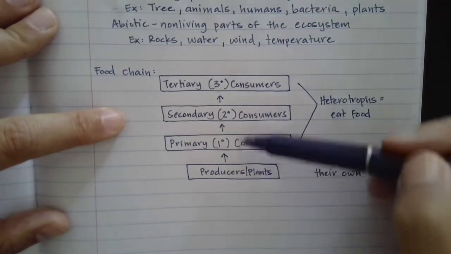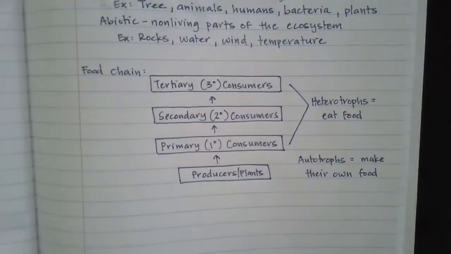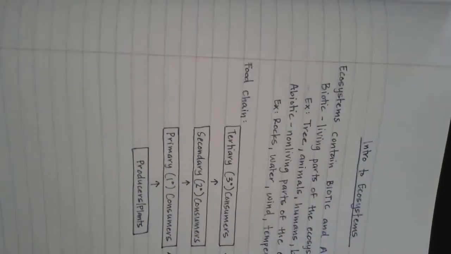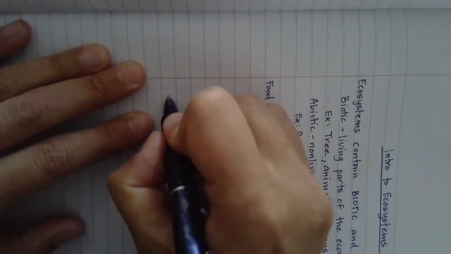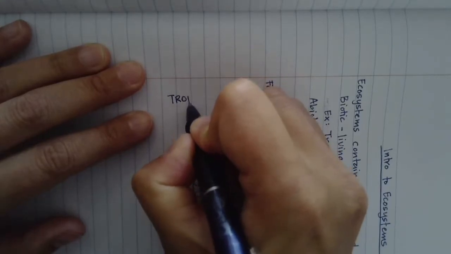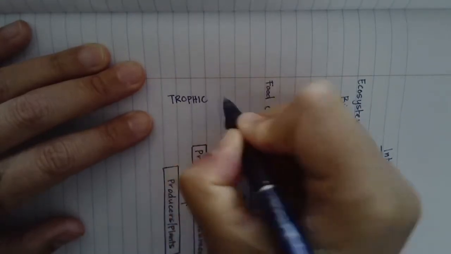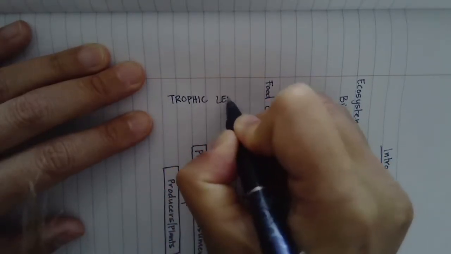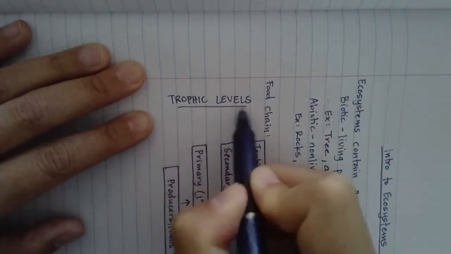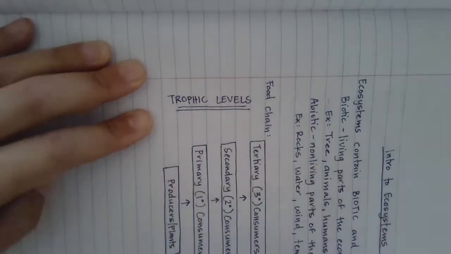Now, these levels here are called trophic levels. So I'm going to turn this sideways in order to label that. These are the trophic levels.